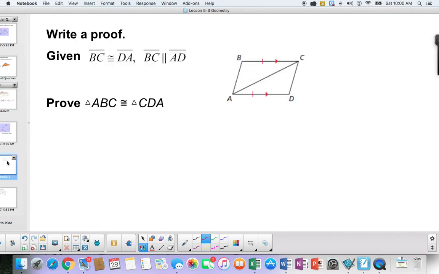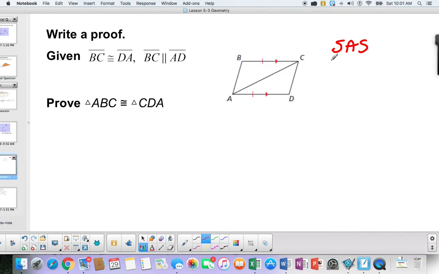All right, let's take a look at a proof where we try to show the triangles are congruent by this shortcut, side, angle, side. We're going to have to show two pairs of sides and one pair of angles. I'm going to do my work right here. This is just things that I'm thinking about before I actually do the proof.